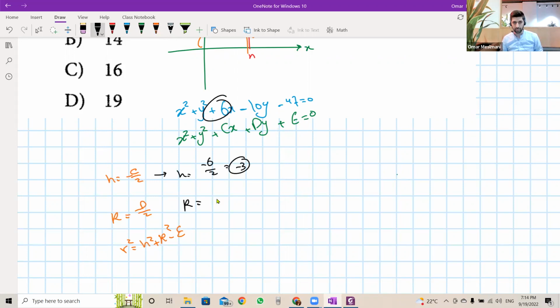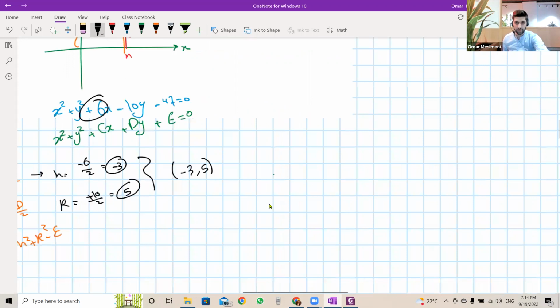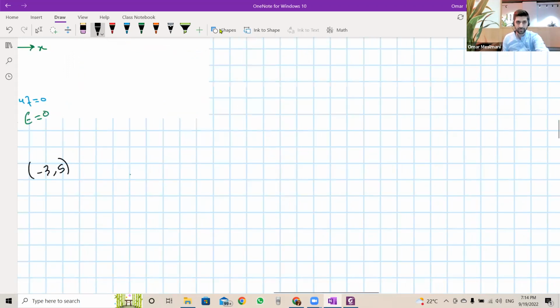K is equal to minus D over 2, which is plus 10 over 2, and that's 5. So now my center is at negative 3 on X and 5 on Y. Stay with me for a minute. What do I mean by negative 3 on X and 5 on Y? I mean by that, this.